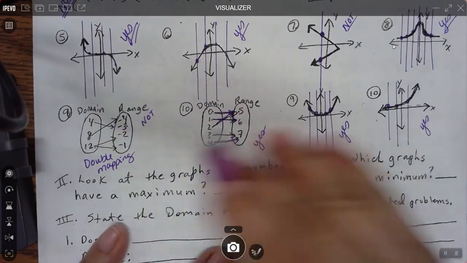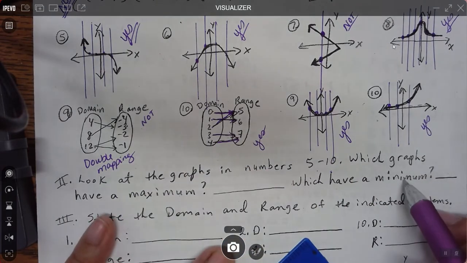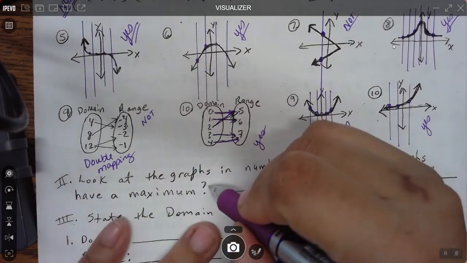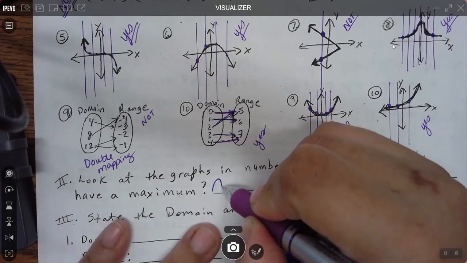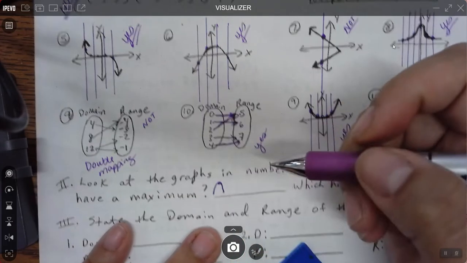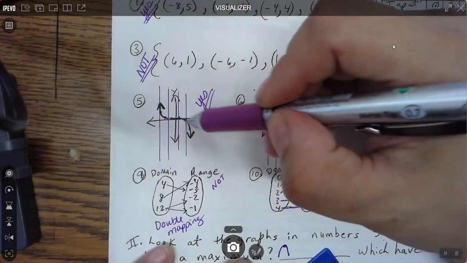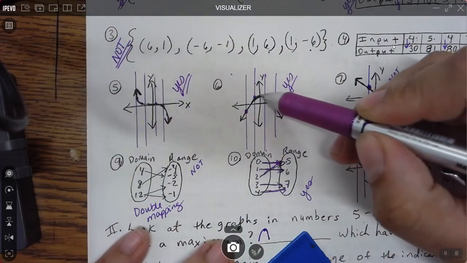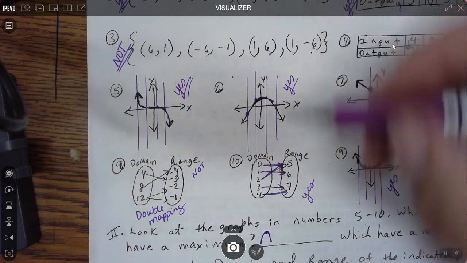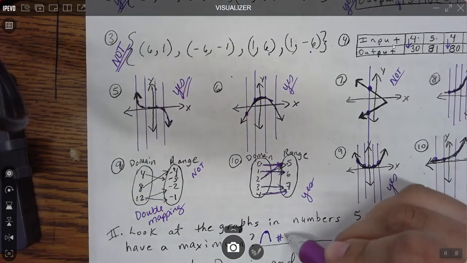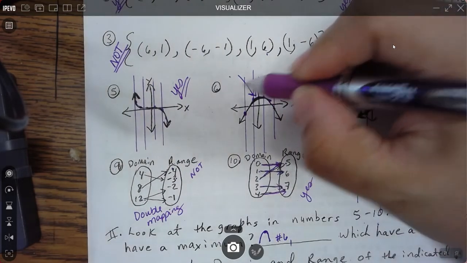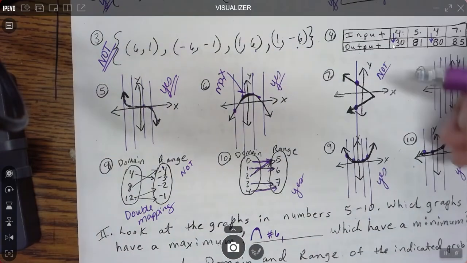Which graphs have a maximum? A maximum looks like this, right? It's increasing, turning point, decreasing. So there is no max here. Oop, this is a maximum right here. So number 6, right? That's a max. Let me see.